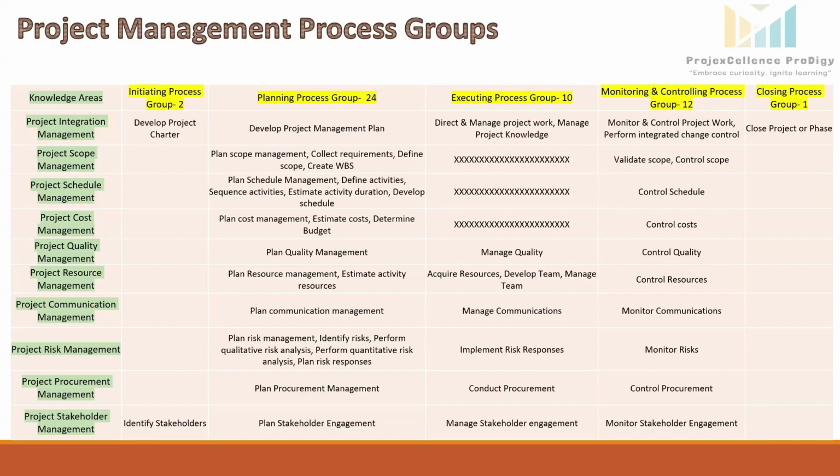Next three rows here we can see are blank. The execution activities for scope, schedule, and cost management are integrated into the direct and manage project work process, which ensures the project work is performed as planned. Next is manage quality.